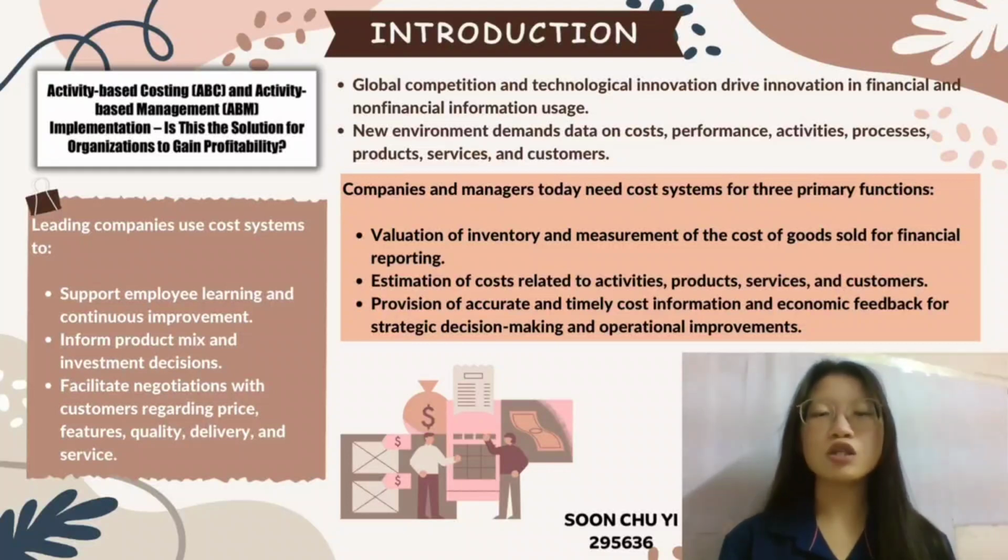Then, estimation of the cost of activities, products, services, and customers, because internal managers need to understand and improve the economics of their operations. Lastly, provide accurate and timely cost information and economic feedback to managers and operators about process efficiency to make both strategic decisions and operational improvements.